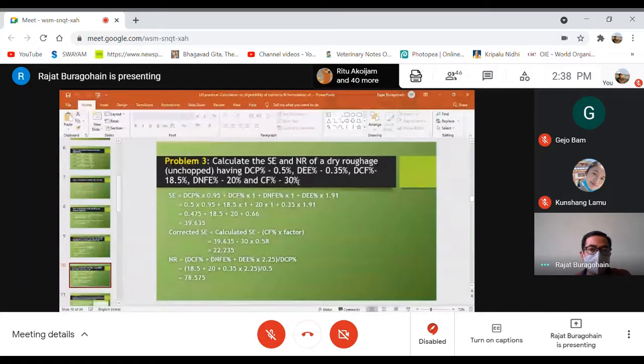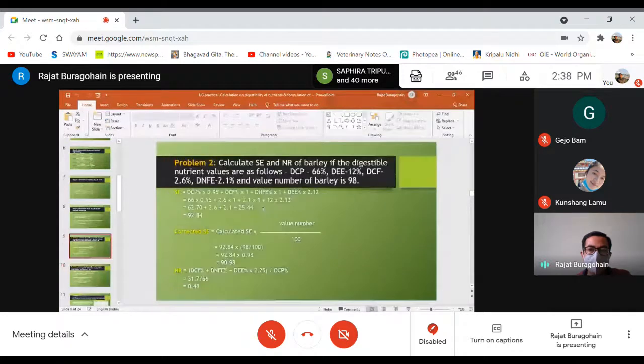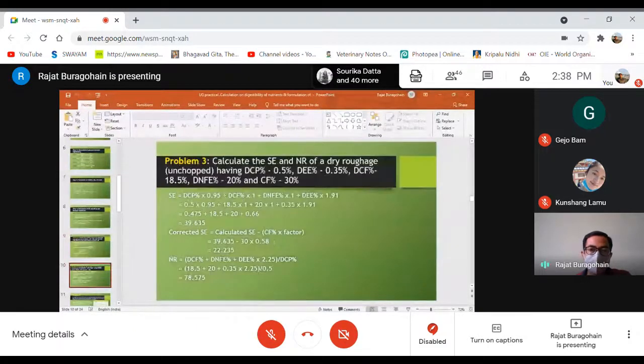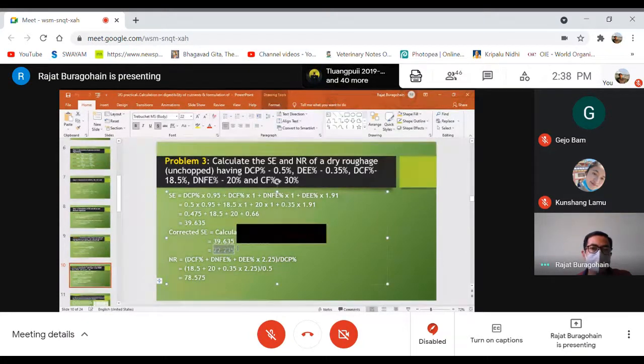Okay, so calculate. This is the calculated 39.635. This is the calculated starch equivalent, and after that, here you have to subtract. In case of the value number, you multiply with this and divide by 100. But in case of the factor for crude fiber, you have to multiply the crude fiber percentage with the factor, and then subtract from the calculated starch equivalent, and this will be your corrected starch equivalent.